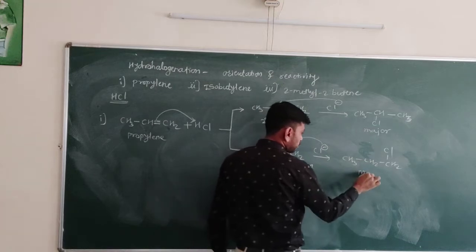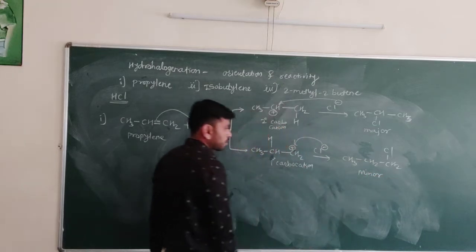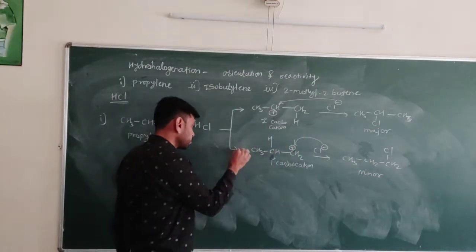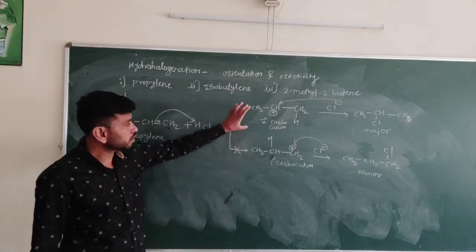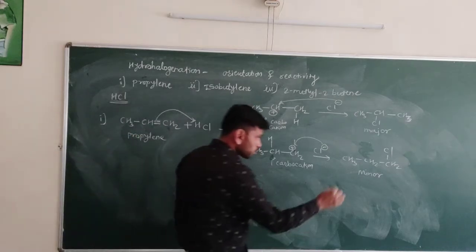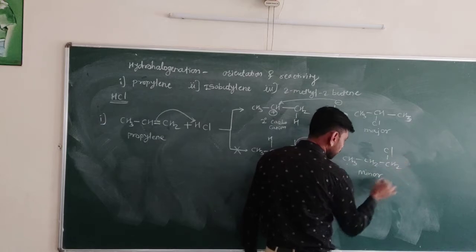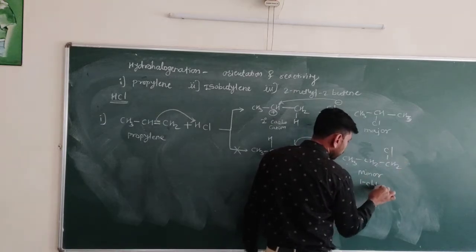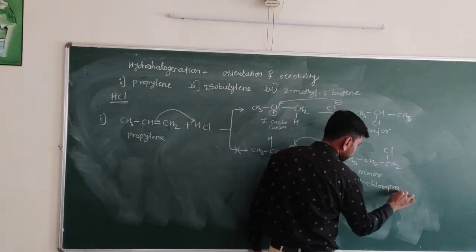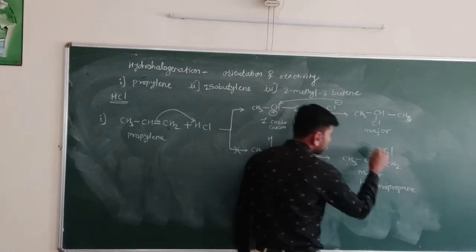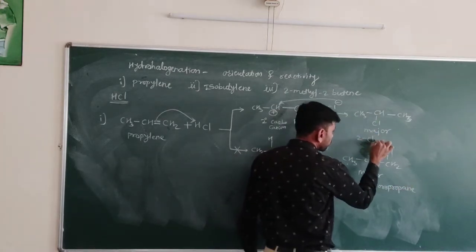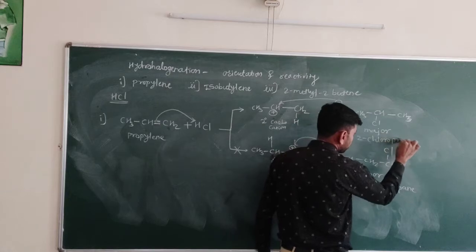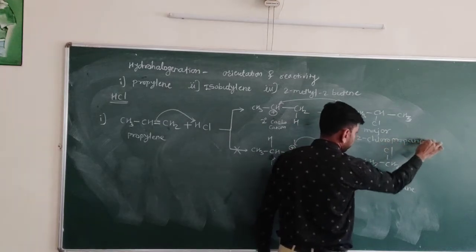Here we obtain this product in minor quantity, so this is not the major product. CH3, CH2, CH2, Cl, that is 1-chloropropane, is a minor product, and here 2-chloropropane is a major product.